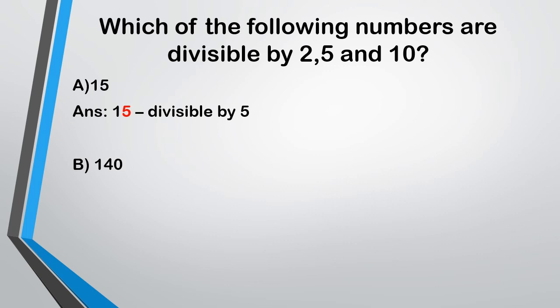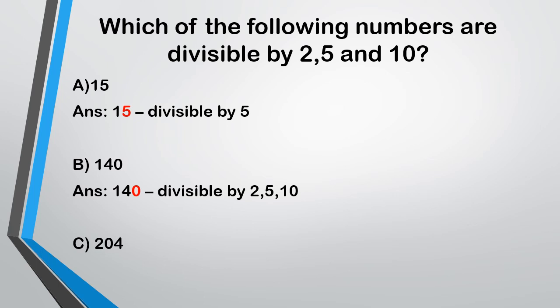If the last digit is 0 or 5, it is divisible by 5. So here the last digit is 0. So it is divisible by 5 also. Then if the last digit is 0, it is divisible by 10 also. So 140 is divisible by 2, 5 and 10.